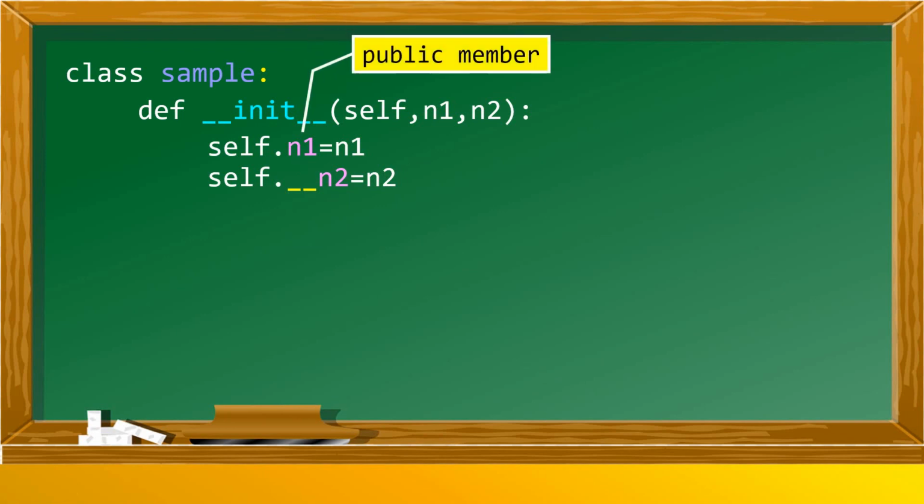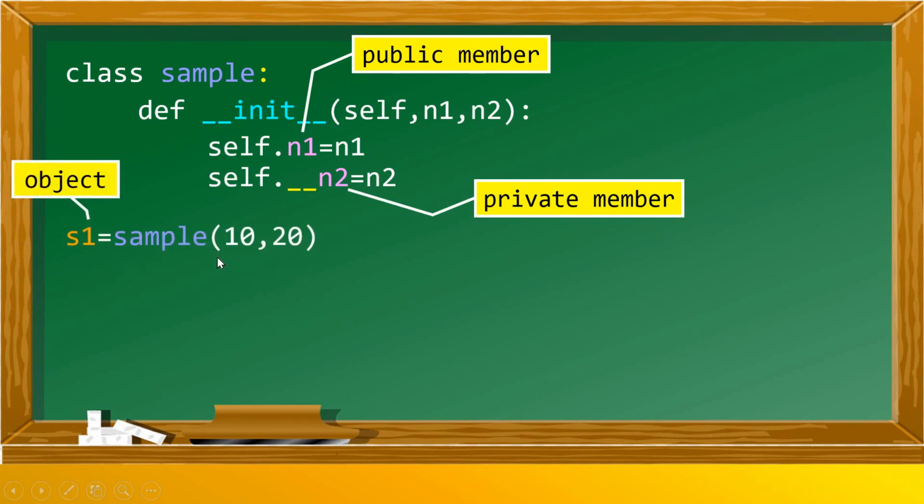It is a public data member, whereas the variable n2 is prefixed with double underscore. It is a private member. Let me create an object for this class sample. S1 is equal to sample 10, 20.